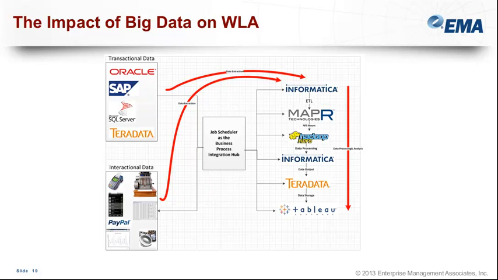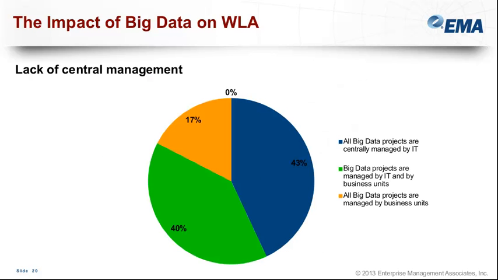And the better I can manage, the tighter I can manage this process, the more often I can refresh this data, the more data sources I can include, the more my business unit can draw advantage from big data. And in the middle of all of this is job scheduling, is workload automation. So by definition, this is a whole new set of requirements that makes life more difficult for job schedulers.